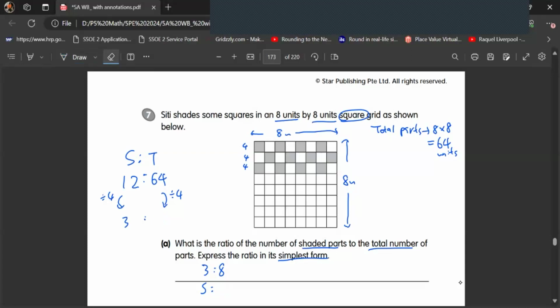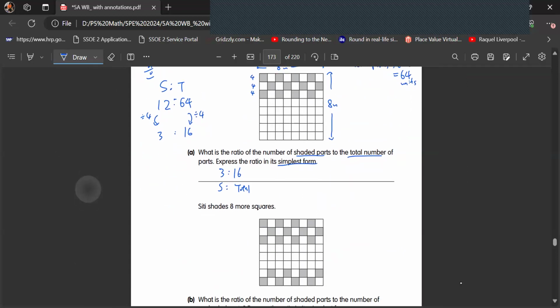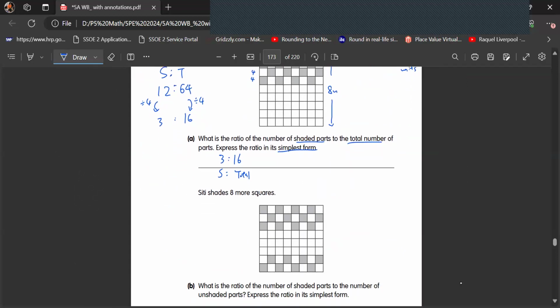My bad, sorry. 16 divided by 4, what's that? 16. Yes, you're right. Is it simplest form already? Yeah. Okay.